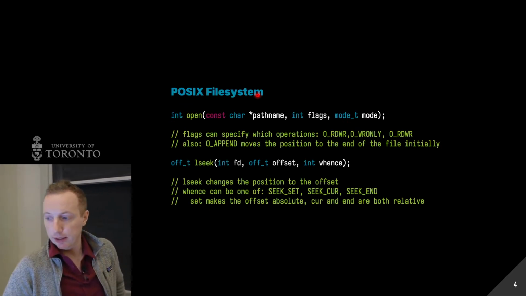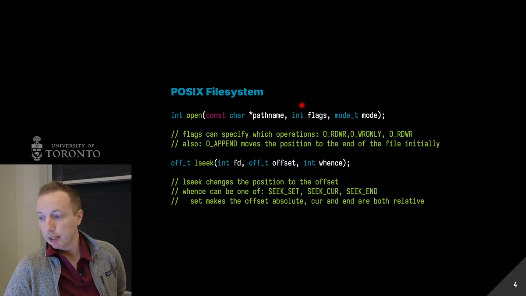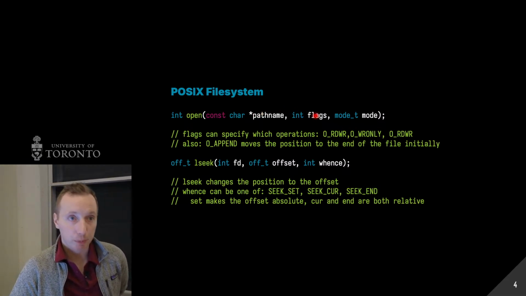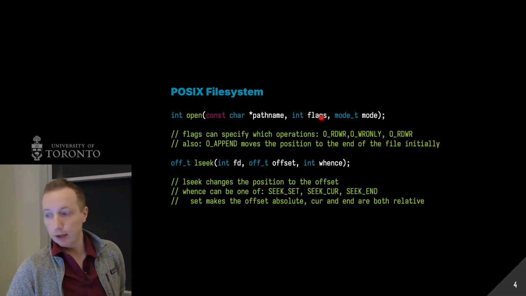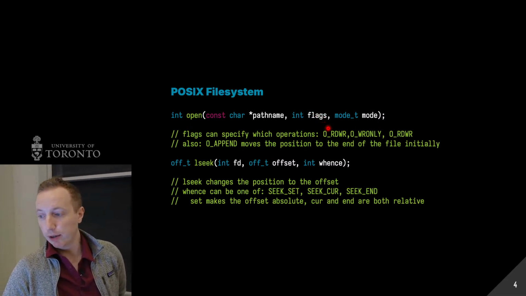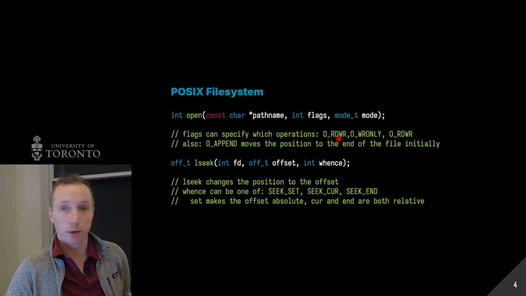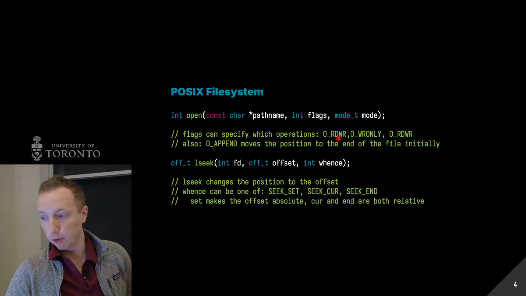So the system calls we have is our good buddy open. Open takes a path name to a file, and then some flags. And flags can be like what operations I want to do through this file descriptor to this file. So it could be read write, which means I could read it or write it, or do both, or do neither.